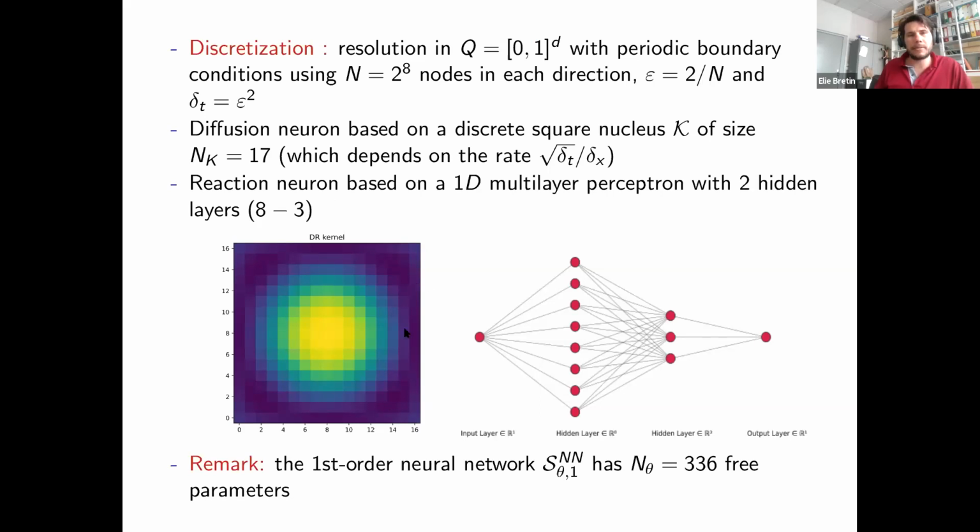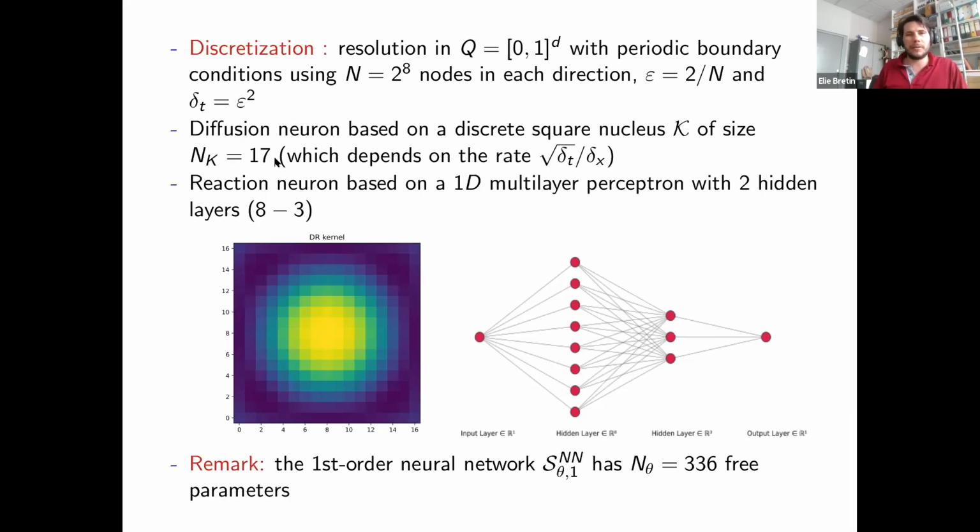And then the idea is that a diffusion neuron is simply modeled by a discrete kernel where we adapt the size with respect to the choice of delta t and epsilon. In fact, you want to facilitate the training, so it should be interesting to have a kernel not so large.